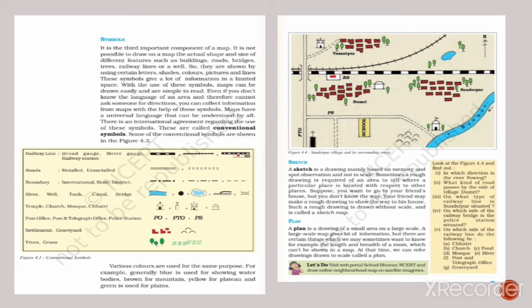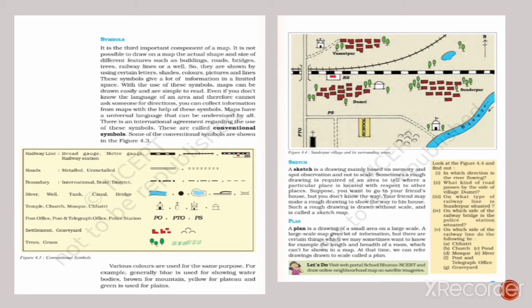Various colors are also used for indicating things, like blue for water bodies, yellow for plateaus, and brown for mountains.